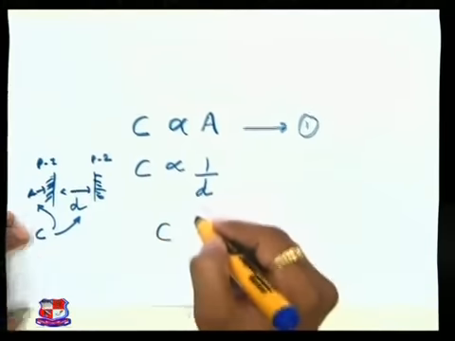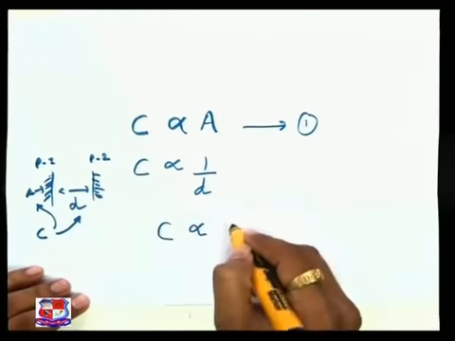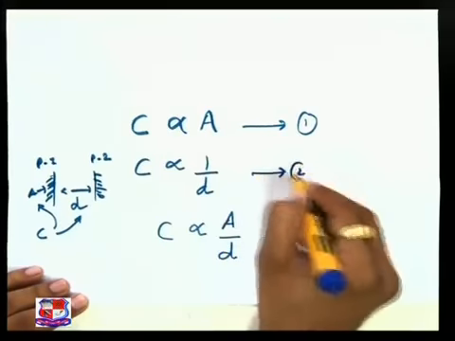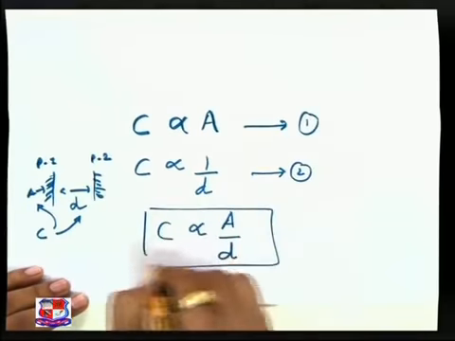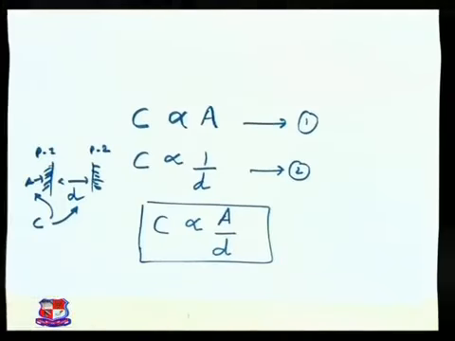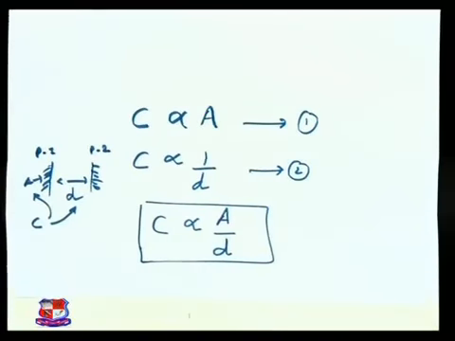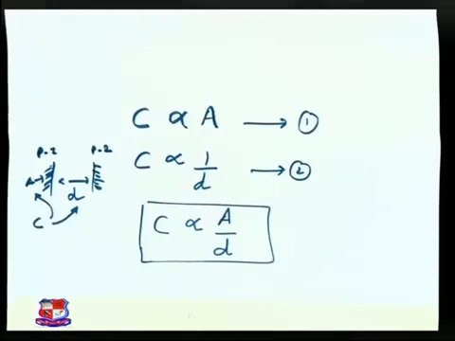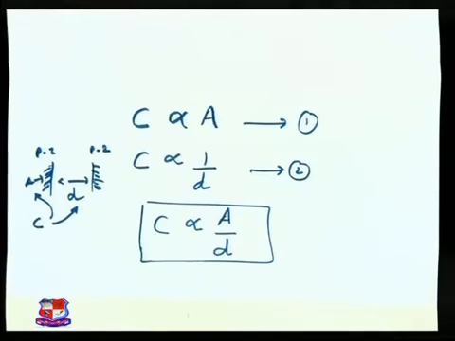So we can write C is proportional to A by d. The value of the capacitance depends on the area covered by the two conducting plates and the distance between them.